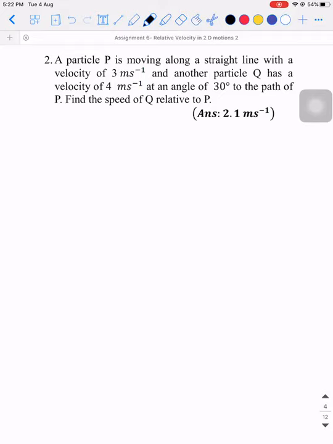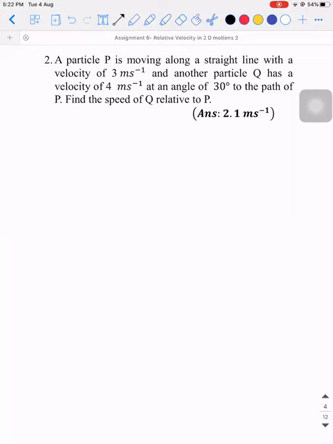Is there anyone who can tell me an idea how to proceed? Is there anyone who wants to at least tell me? Whatever you say, I'll write it on the paper. You tell me. So they are saying there is a particle P which is moving along a straight line with velocity of 3 meter per second, right?